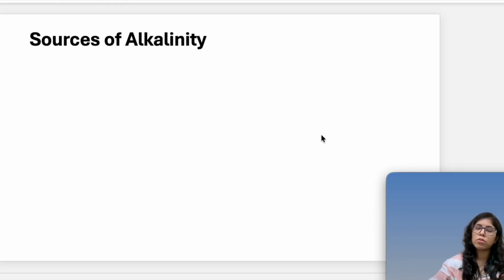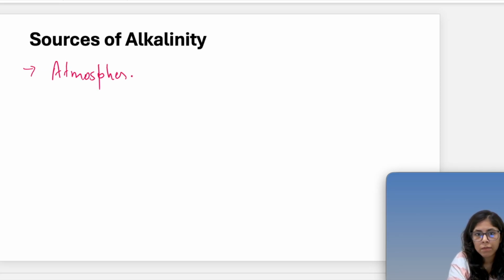Now we have sources of alkalinity. Alkalinity mostly comes from the atmosphere. Now how is it coming from the atmosphere? We have so much CO2 in the atmosphere, and most people think, yeah, CO2 is acid, right?